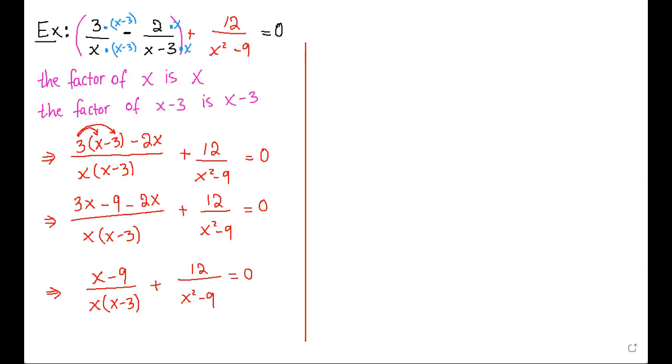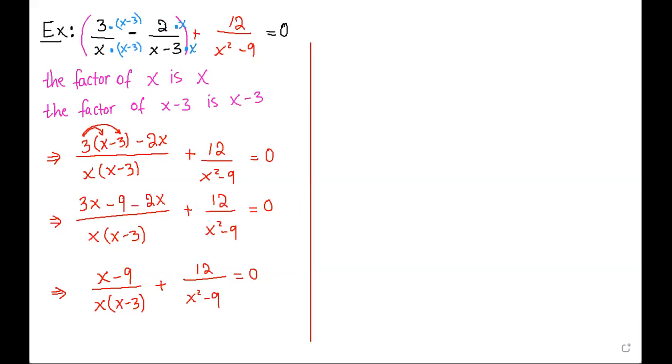What is the factor for the first fraction? The factor for this one is x times x minus 3. Here we have to find again the least common denominator.